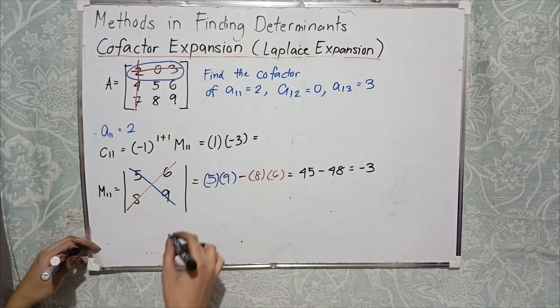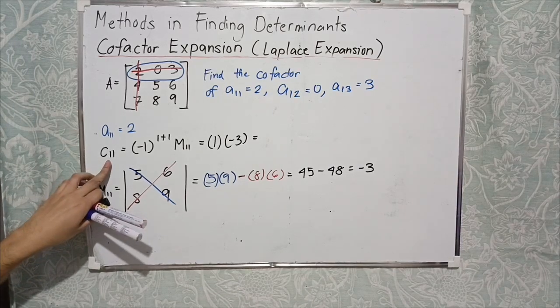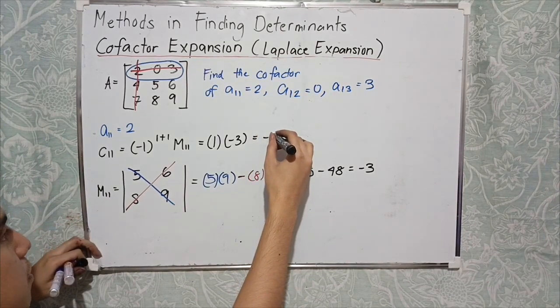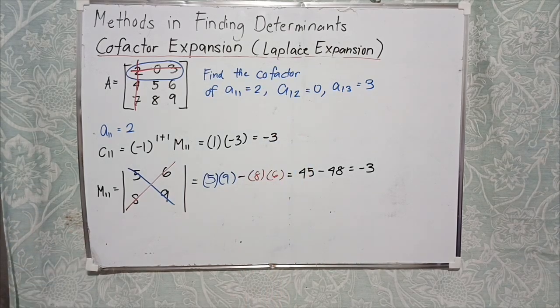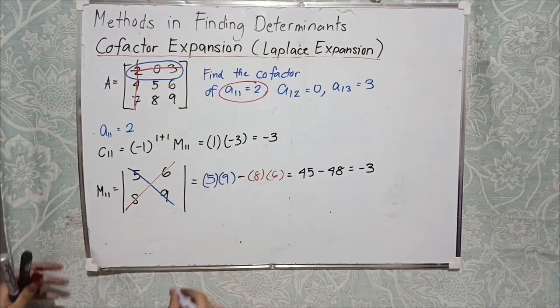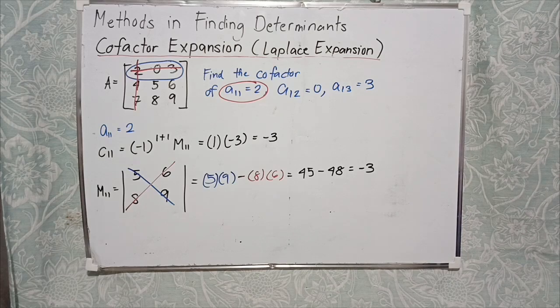So our cofactor C11 is equal to -3. So we're done here with our first element, the A11.